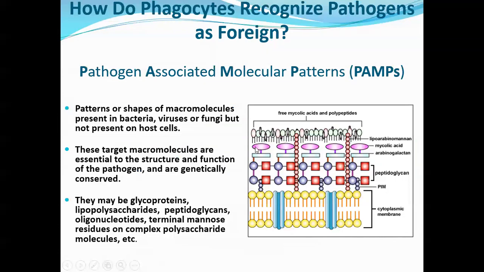So this is a diagram of the structure of the cell wall of the bacteria. So here you have the membrane, cytoplasmic membrane, and then these repeated chains of sugars and lipids. In this case, this would be a gram-positive bacteria.